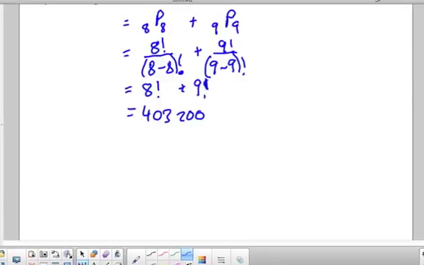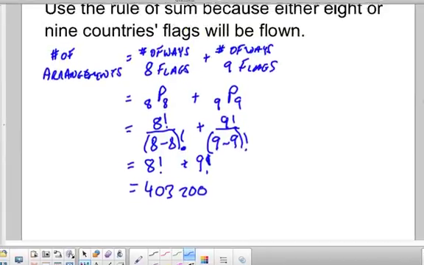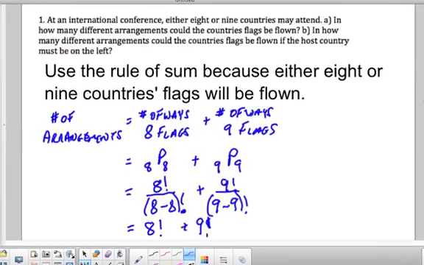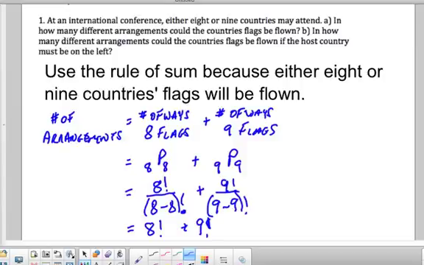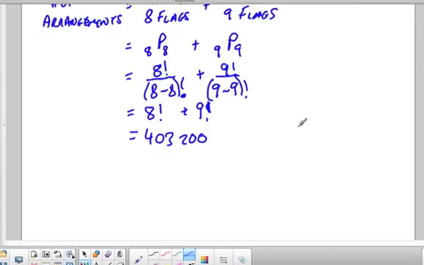Now, part B of this question said, in how many different arrangements could the flags be flown if the host country must be on the left? Well, if the host country must be on the left, then the first spot, the spot on the left, is going to be taken up.